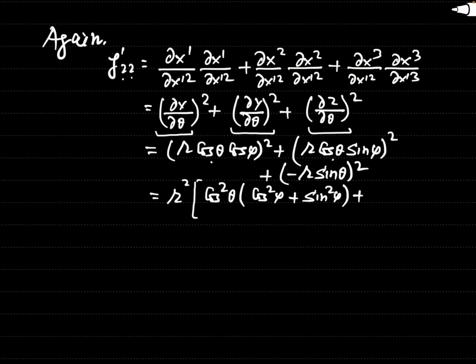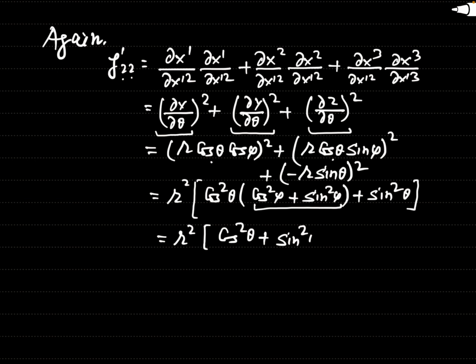Now see the result. This is r squared, and cos squared phi plus sin squared phi is 1. So this is cos squared theta plus sin squared theta, which is again equal to 1. So this is simply equal to r squared.